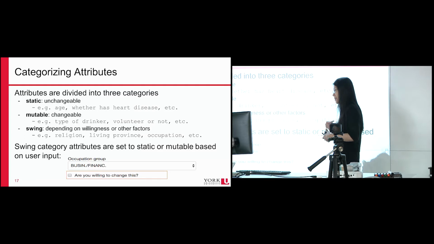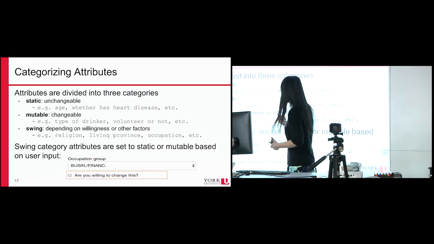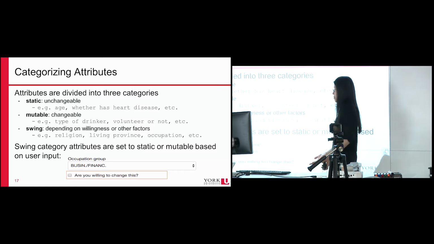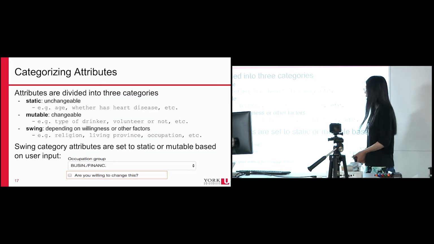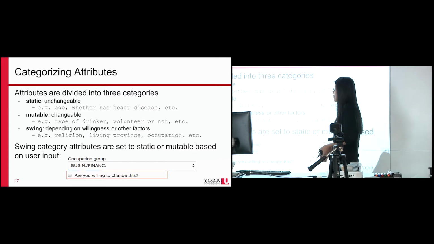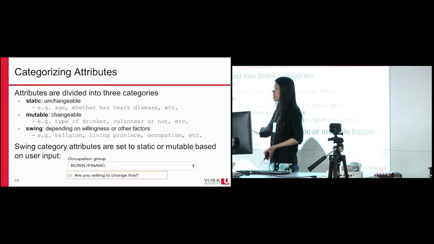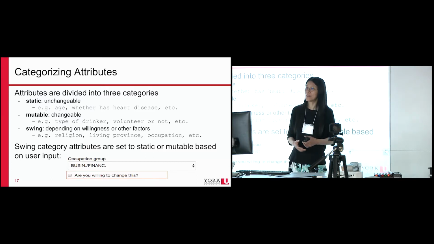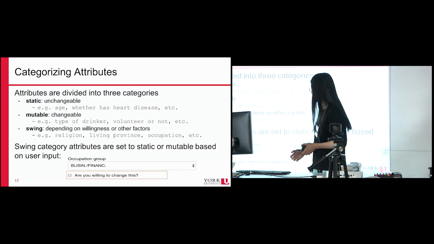It is changeable depending on the willingness of the user. For example, you can change your religion if you like to, you can change your living province, you can change your occupation. So when we make recommendations, if we involve such swing attributes, we ask the user if he or she is willing to change.